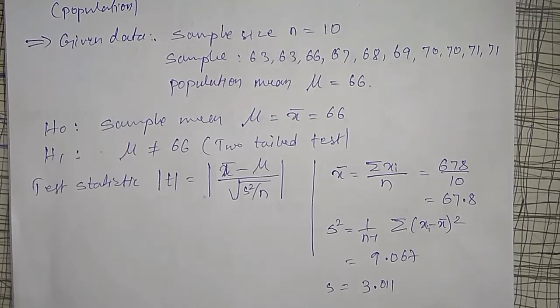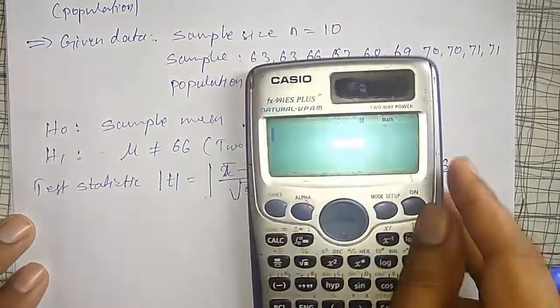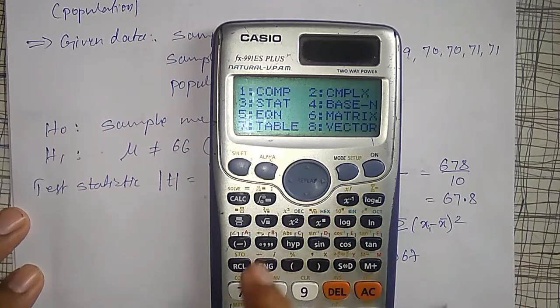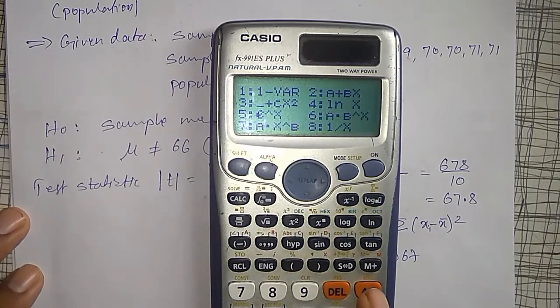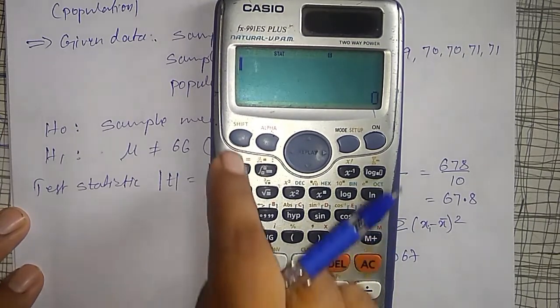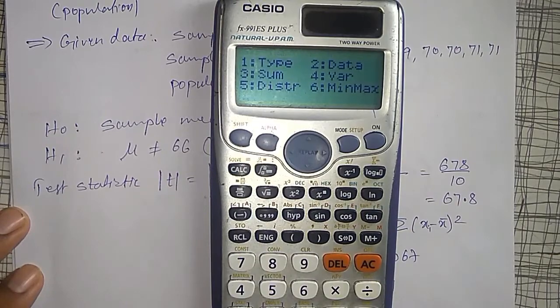Okay. Let me explain step by step here. First of all, shift the mode of the calculator to stat mode. Then AC button. Then operate shift 1 so that type will appear. From that, I will select one variable.